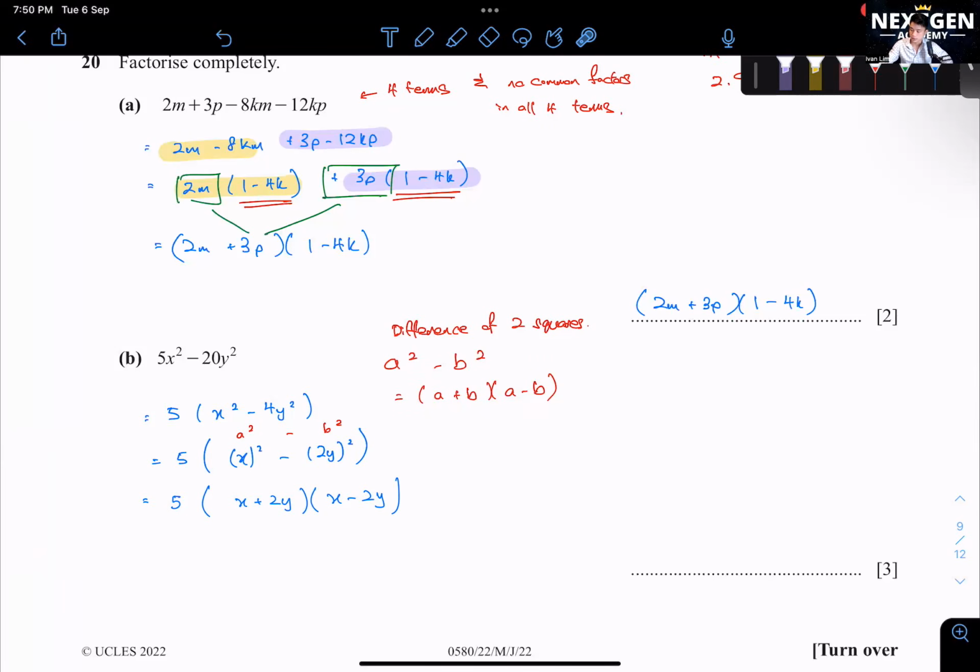Okay, this is called difference of 2 squares. Okay, next one. Wait, write the answer down here first. 5x plus 2y, x minus 2y.